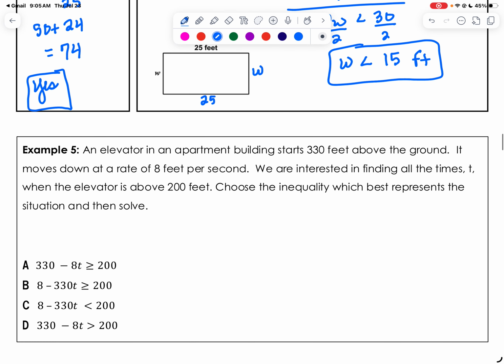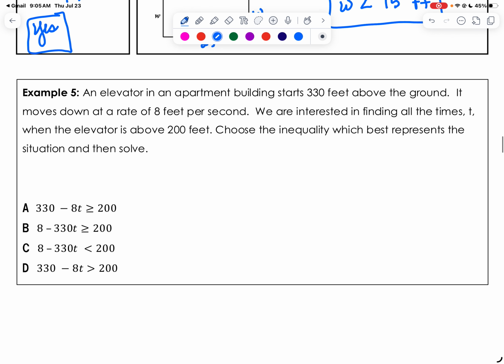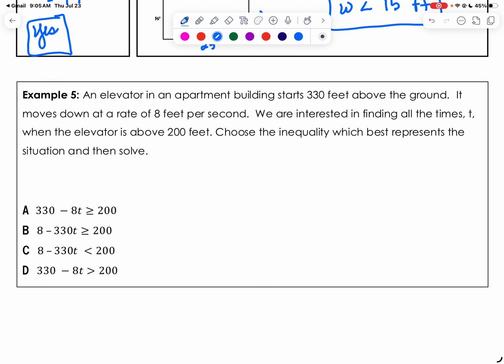All right. Example 5. An elevator in an apartment building starts 330 feet above the ground. It moves down at a rate of 8 feet per second. We are interested in finding all the times t when the elevator is above 200 feet. Choose the inequality which best represents the situation and solve.